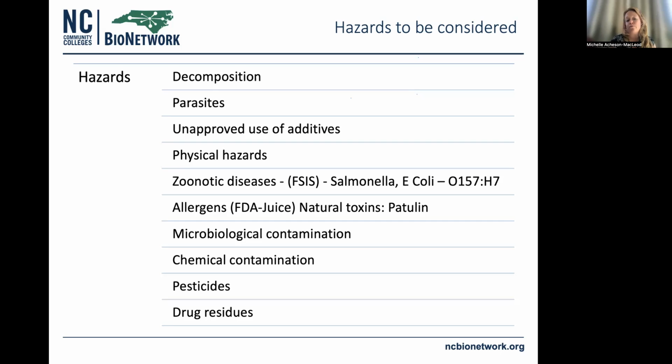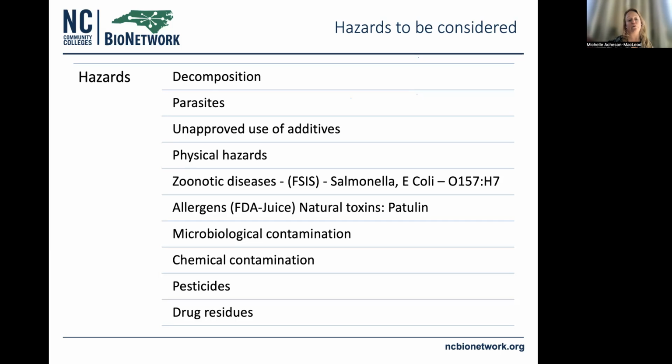Allergens, we have to be concerned about. We don't want any cross contact. We need to make sure they're labeled because it causes 30 to 50% of recalls. Patulin is a toxin that's associated with juice. So if you're making juice, that's something that you might want to consider, especially if you're making apple juice. Microbiological contamination, chemical contamination, pesticides. We have to make sure that they're registered with the EPA in the United States and that we're using them as instructed and that we're following those spray schedules and harvest schedules.